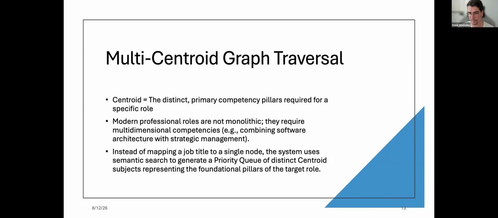And others can be databases that are not really connected, but are in the competency profile for that job. There can be a list of these centroids. And then we create a priority queue from it and go from the most important centroid to the least and start building the curriculum.